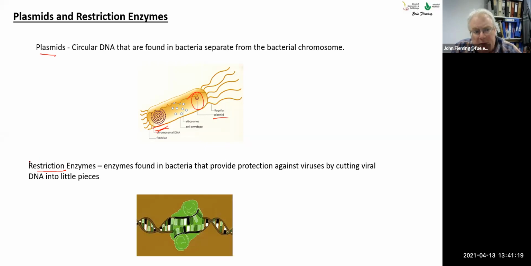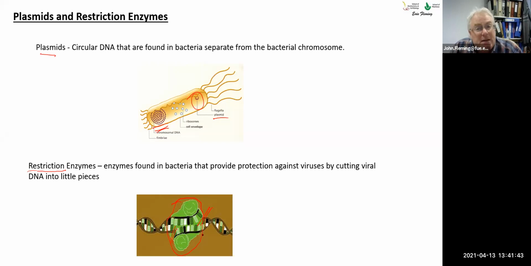The other component of the bacteria that we're interested in is restriction enzymes, shown down here in this lower diagram as this green protein blob that is binding to the double-stranded DNA. What you can see is that the restriction enzyme is recognizing a particular sequence in the DNA, and it is cutting that sequence.